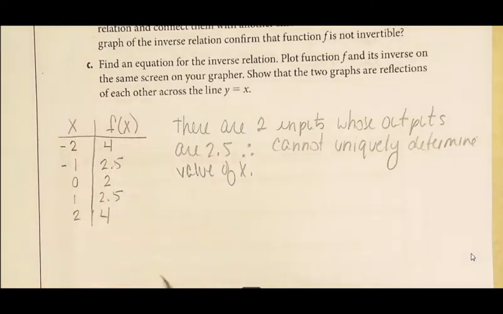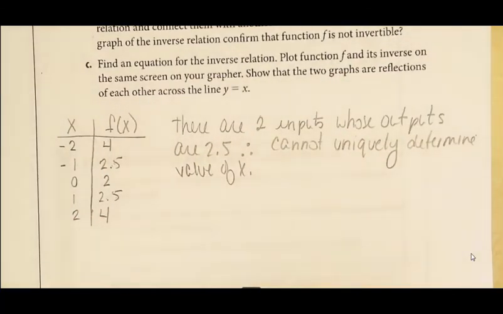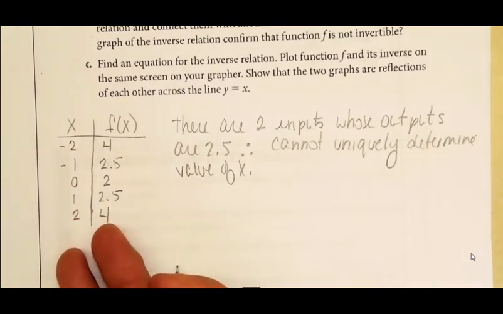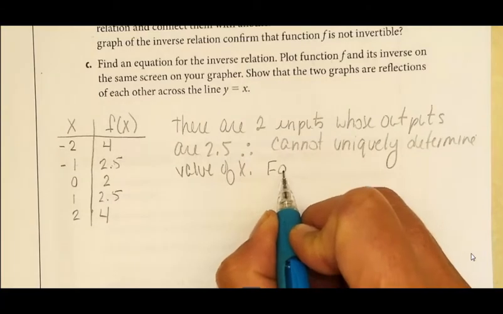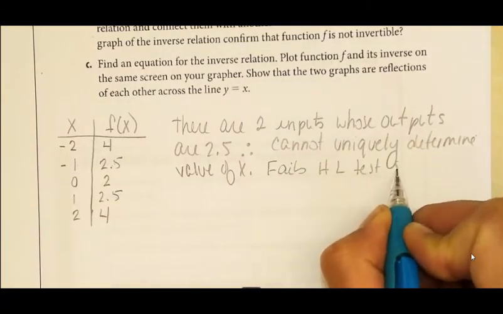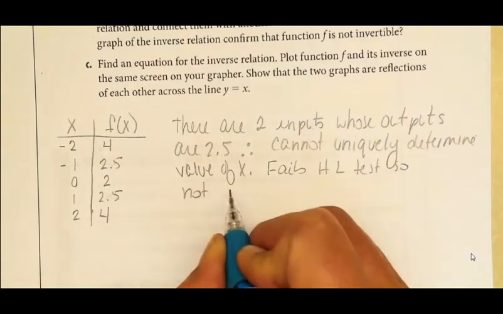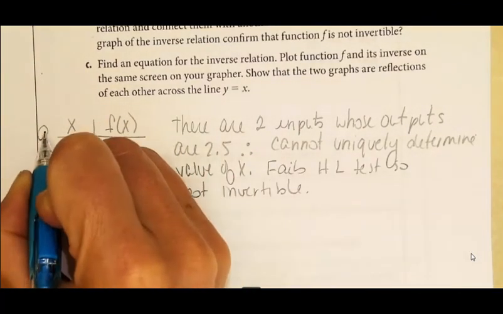So that tells me that this right here is failing that horizontal line test. It would fail the vertical line test if we actually did the inverse and switch these. And right now it's failing the horizontal line test. So not invertible. Okay, so that's A.